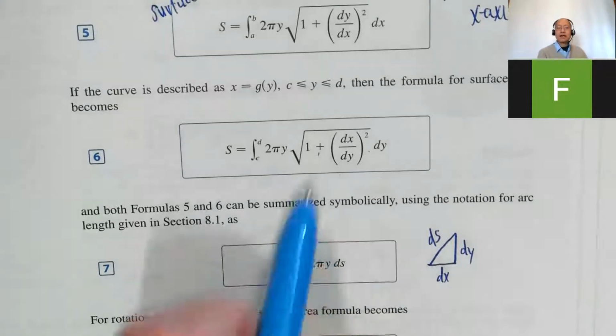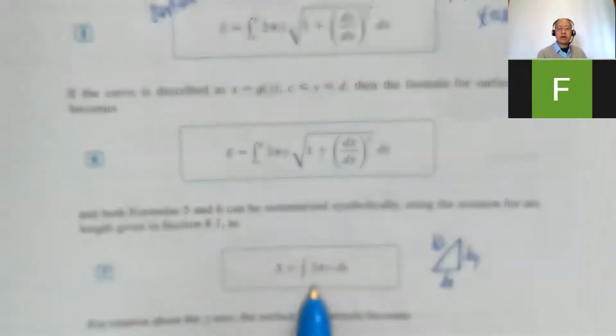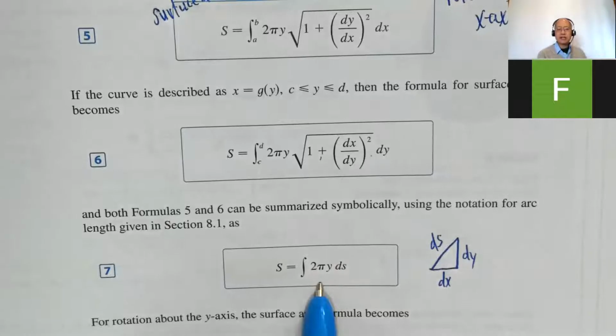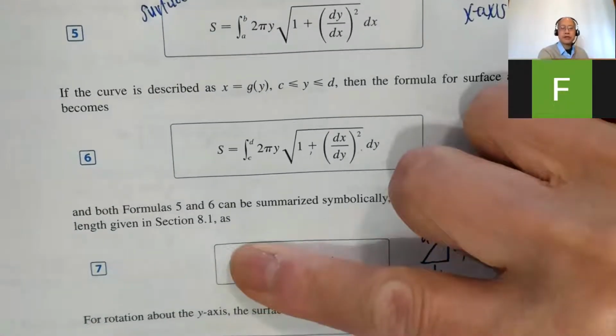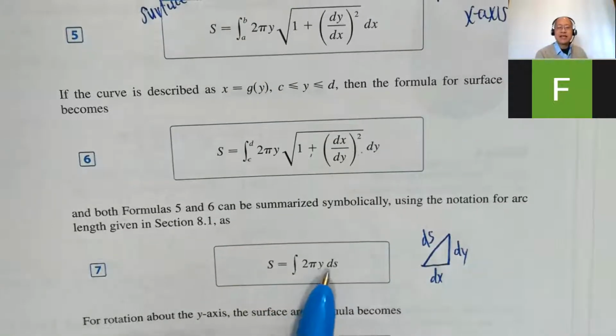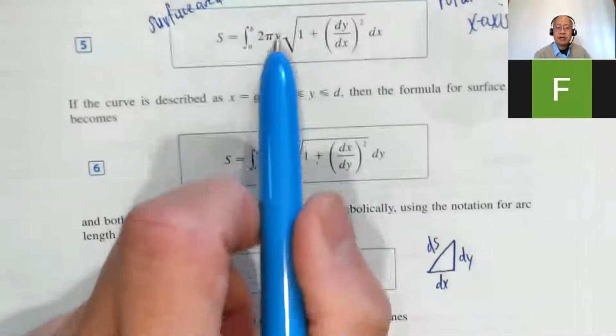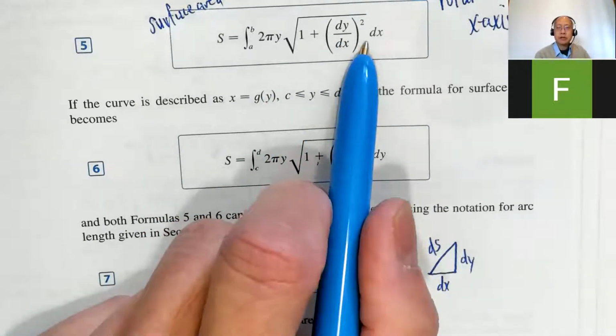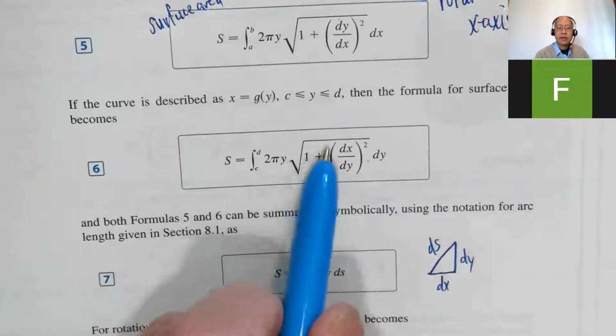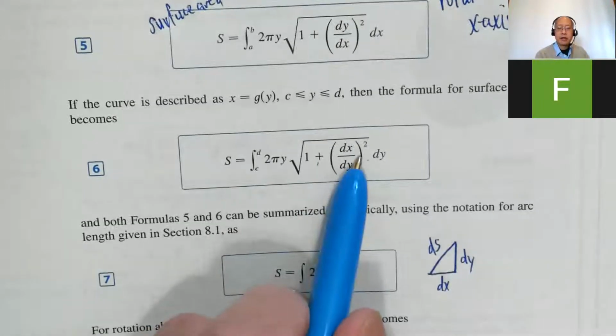So another way you could write this whole thing is this, although for now, you're not really going to need this. So I would suggest you probably don't need number 7, although it's correct, obviously. ds can either be radical 1 plus dy/dx squared dx, or radical 1 plus dx/dy squared dy.